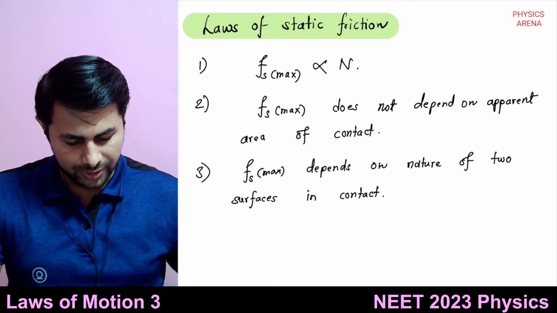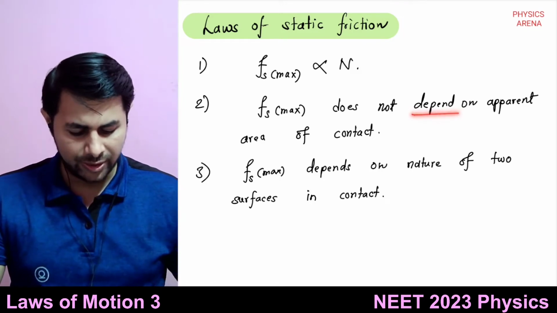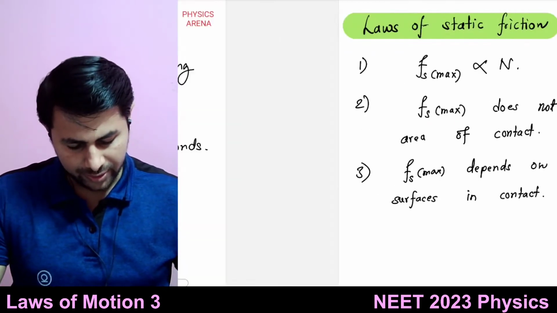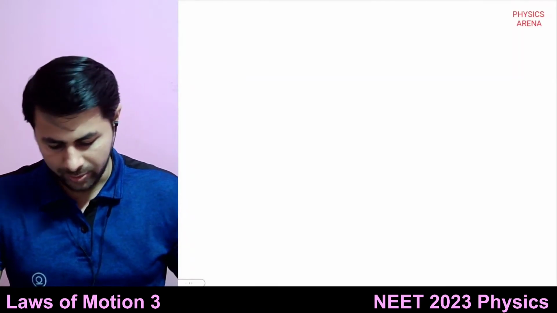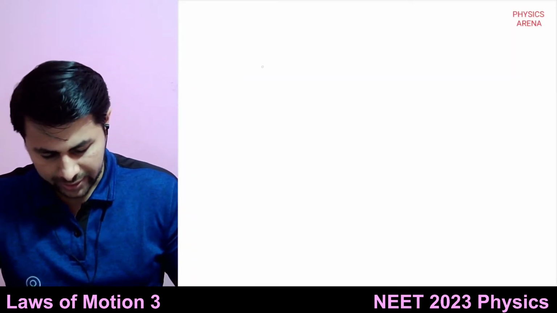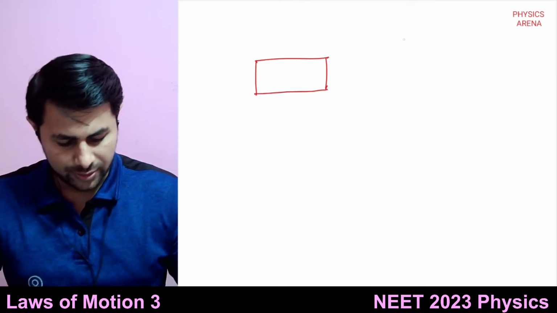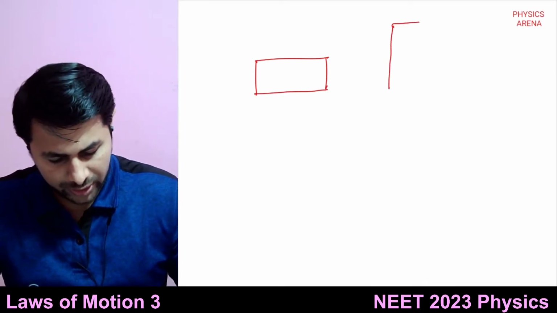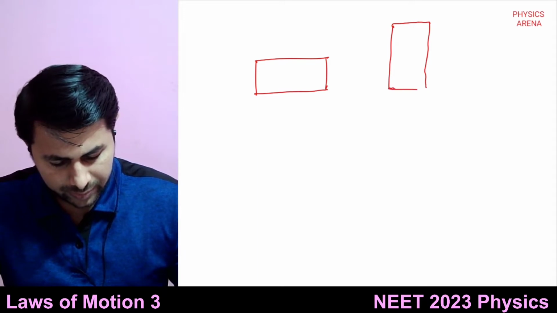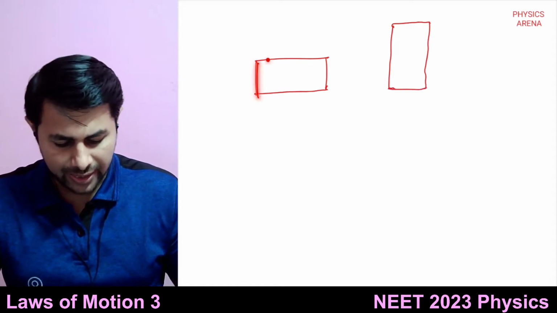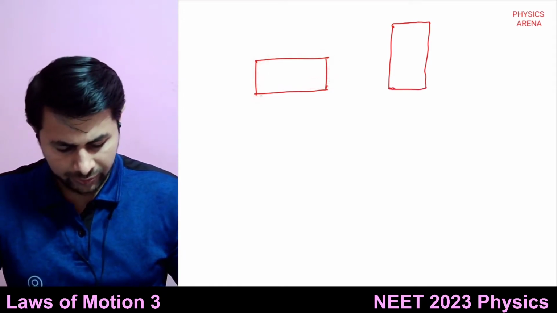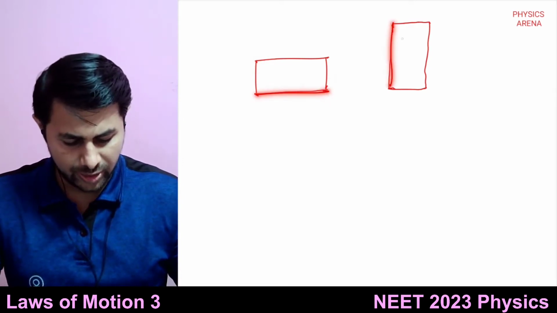Now see the second law, it does not depend on the apparent area of contact. Let's suppose we have two identical wooden blocks. One block is kept like this, the other block is kept like this.